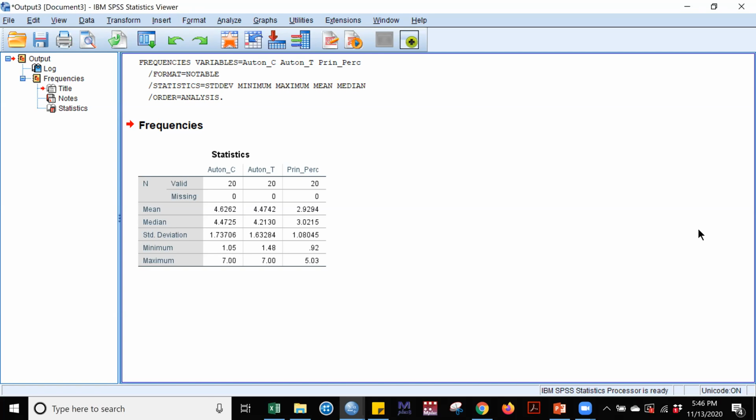As I described it, the value for principal perception of 0.92 is implausible because I said that the lower limit was 1. However, I forgot that the lower limit on that scale, which is a different scale, is 0 to 6.